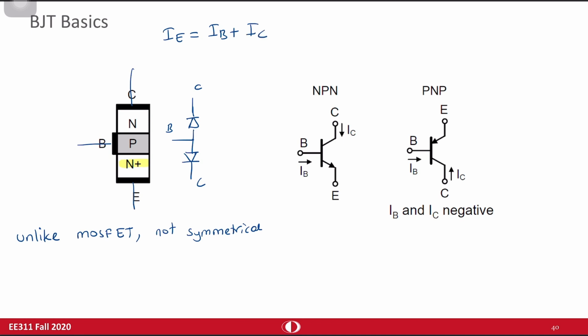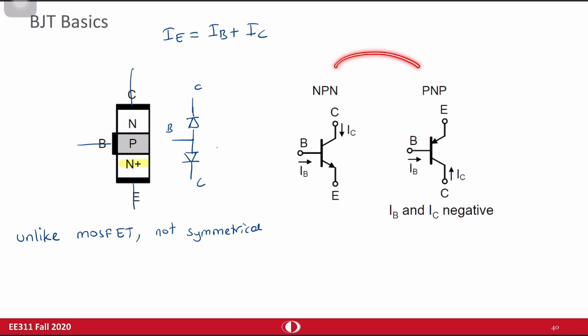So what you do in here, for this NPN structure for example, is try to bias this PN junction in forward active region, and the other diode in here provides some carriers to enhance the current passing through the other diode, or vice versa, depending on the operation type.